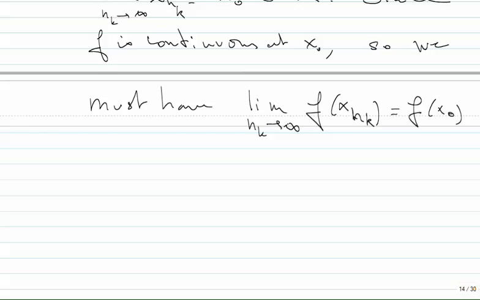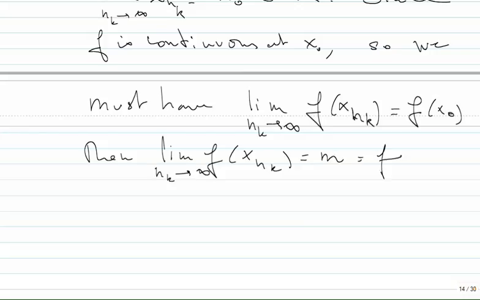And since f of x_{n_k} is a subsequence of f of x_n, the limit of f of x_{n_k} is also equal to m, okay, equal to f of x0.